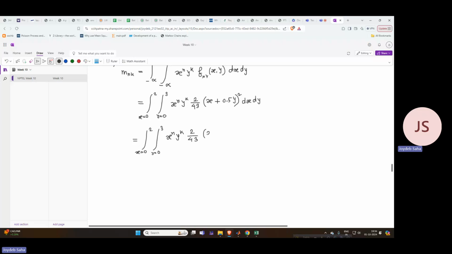Can we write it as x square plus 2x into y by 2, that means xy, plus y square by 4, dx dy, right? Can we write this? Yes, we can, right?